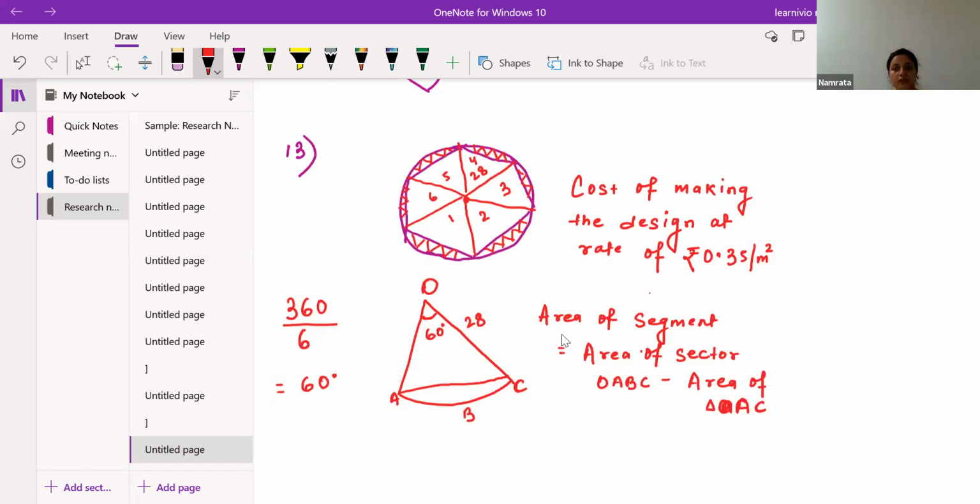Is it clear to both of you? Yes. Area of the segment will be equal to the area of the total sector minus the area of the triangle. Is it clear?